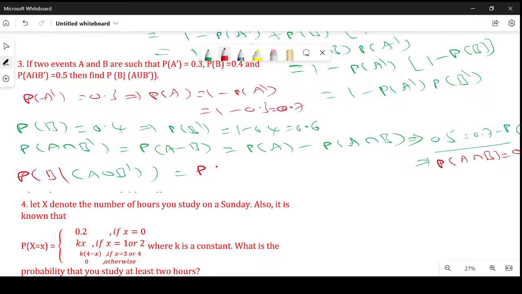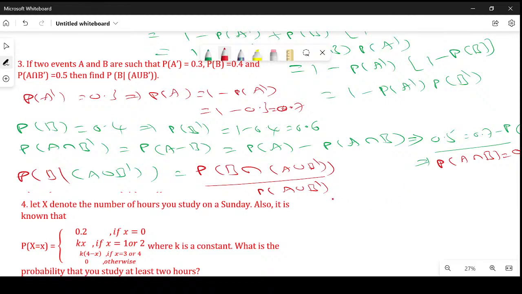Now you can check what about this one. So probability of B intersection A union B complement, divided by P of A union B complement, because they are asking P of B given A union B complement. I can find this one, P of A union B complement, right? We can do like this.